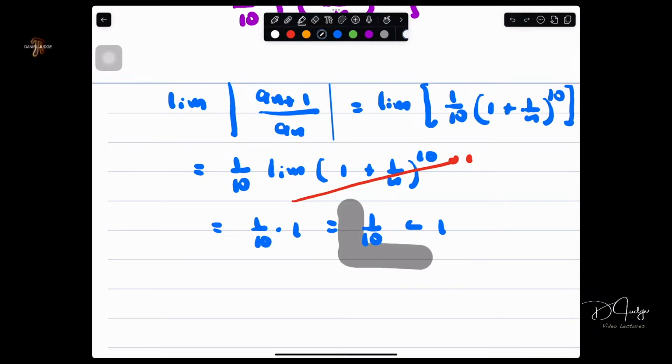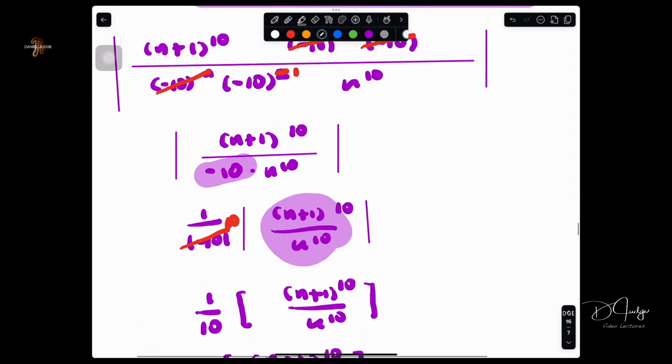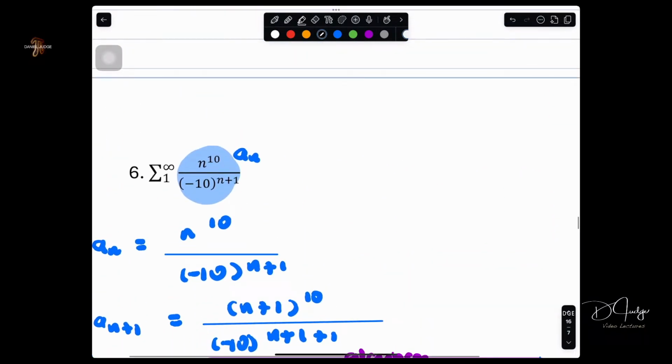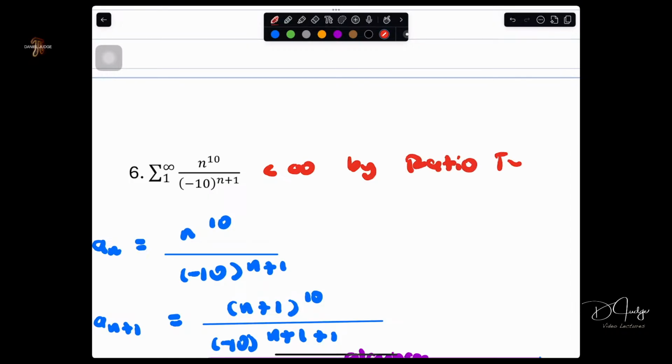Now, absolute convergence implies convergence here. So we can end up saying that this particular series converges by the ratio test. And this is what we mean: being less than infinity means the sum is finite. So converges by the ratio test.